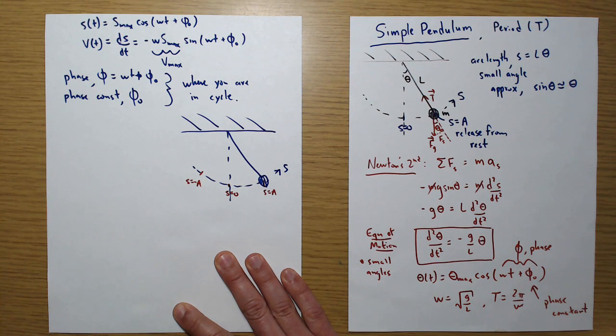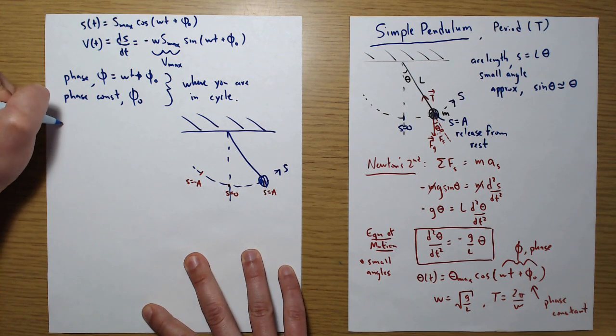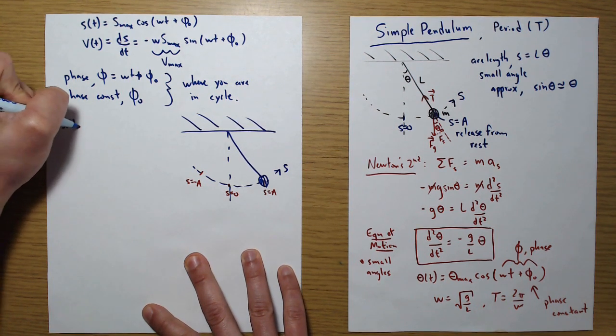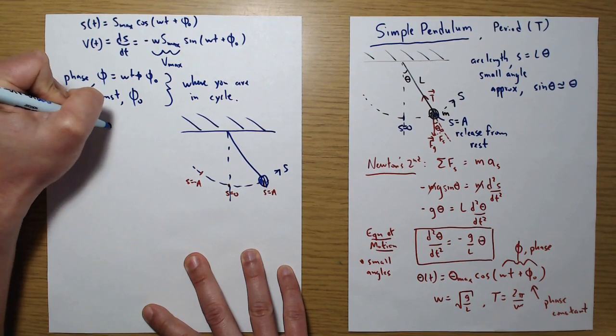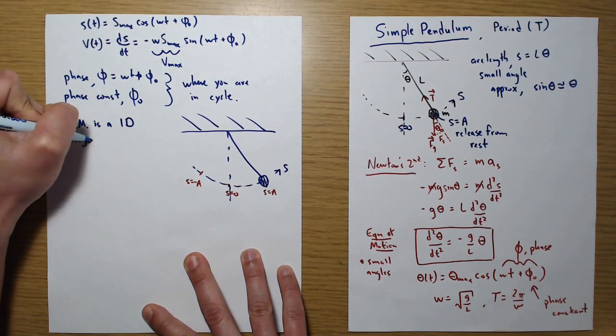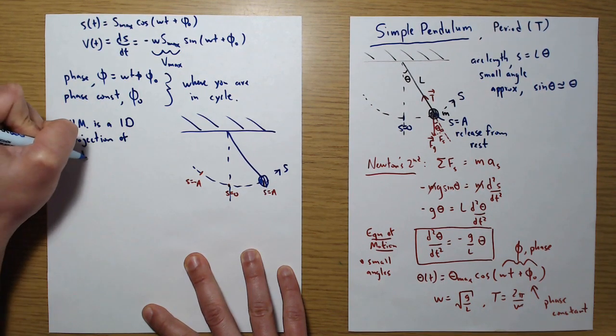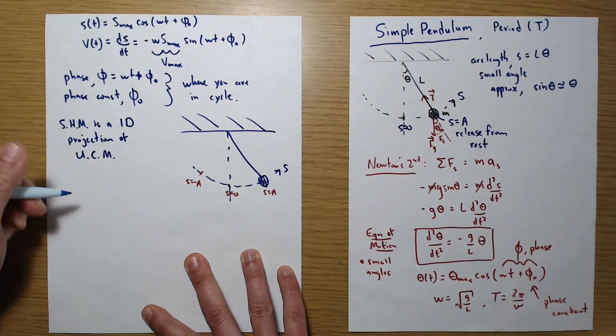So it turns out that simple harmonic motion, which I'm going to abbreviate as SHM, is a 1D projection of uniform circular motion. So what does this mean?